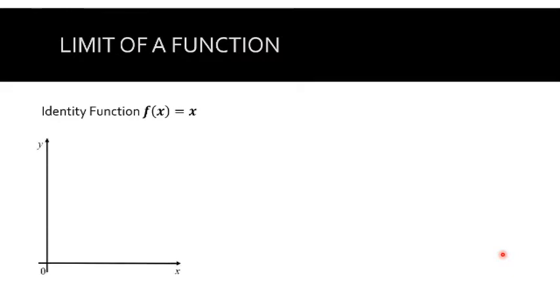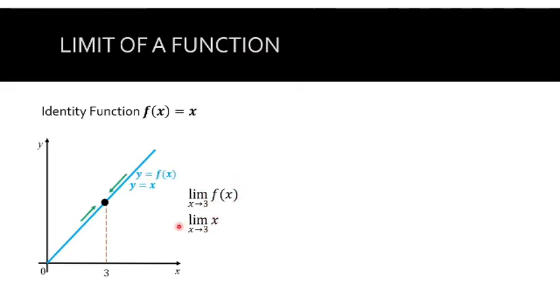The first function that we are going to find a limit of would be the identity function f of x is equal to x. That is the graph of the function y is equal to x, where the input is equal to the output. So given a point on the graph, if its x coordinate is 3, then to find the limit of the function f of x as x approaches 3, since the value of f of x is equal to x, we can change that into this form.